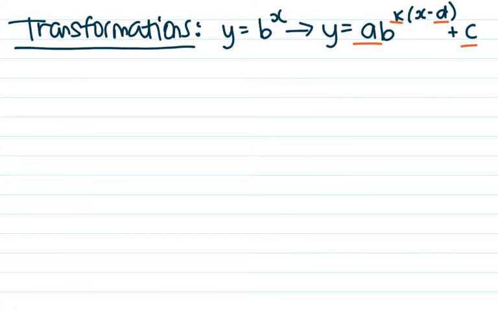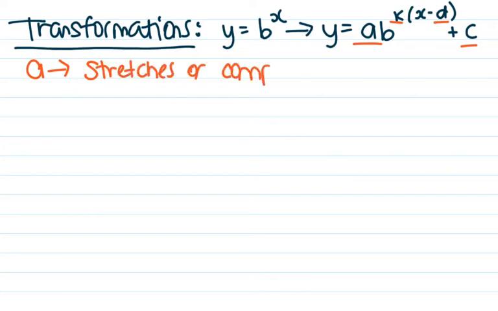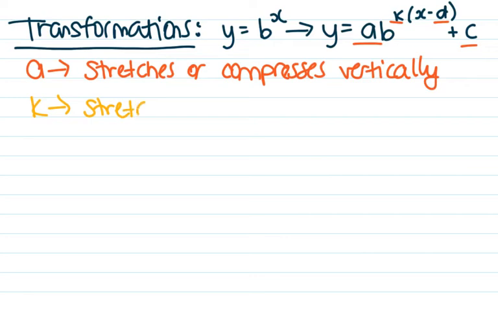So let's just recall, what do they do? So a stretches or compresses vertically. K stretches or compresses horizontally.